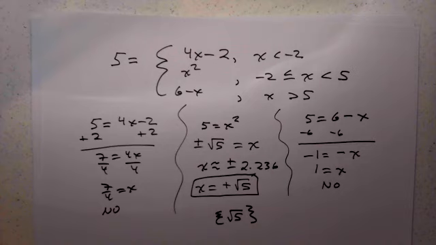Next one, we want to have y equals x squared. That's only true when negative 2 is less than or equal to x less than 5. And then we want 6 minus x when x is greater than 5.